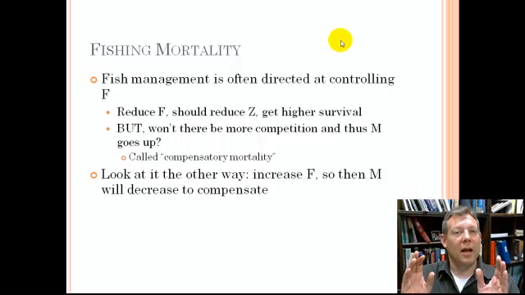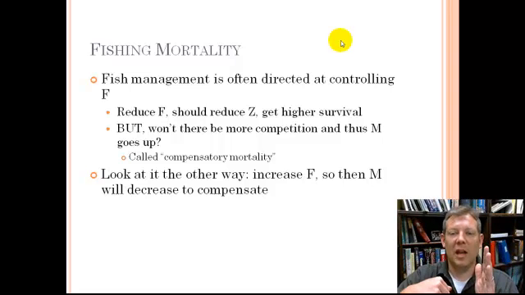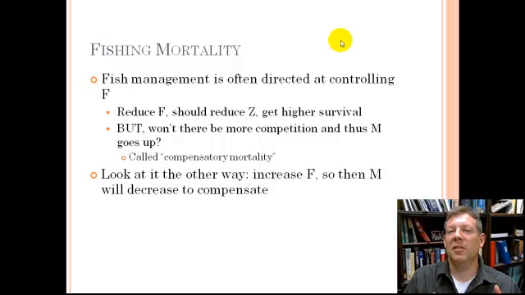But it might not, because if you take out more fish, then the remaining fish are going to survive better, so natural mortality goes down, right? And that's actually one of the cornerstones of fish management. If we increase F and remove more fish, the remaining ones will grow better and survive better, and so the actual population size won't change.